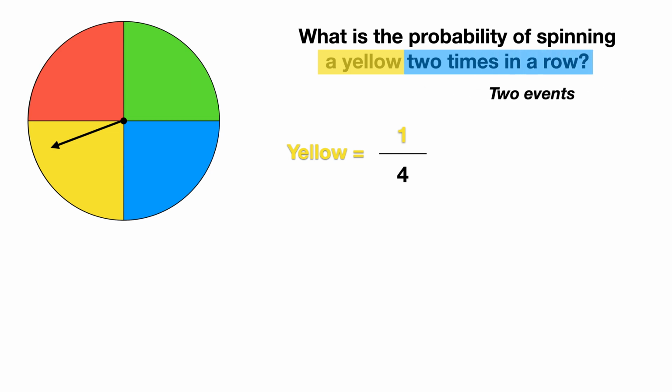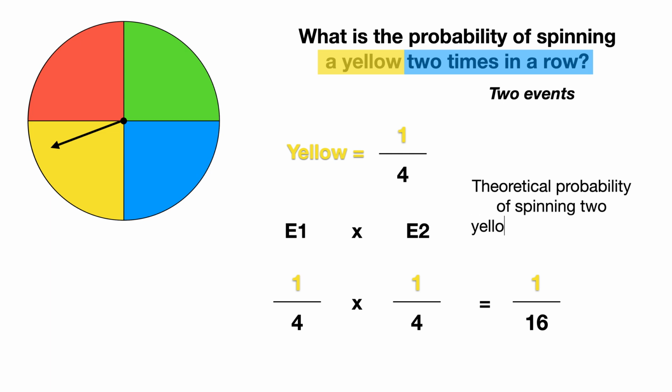So that's 2 events: event 1 times event 2. Event 1 is a 1 in 4 chance, and we multiply that by event 2, which is also a 1 in 4 chance because it's still a yellow. So 1 times 1 is 1, and 4 times 4 is 16. The theoretical probability of spinning 2 yellows in a row is 1 in every 16 spins.